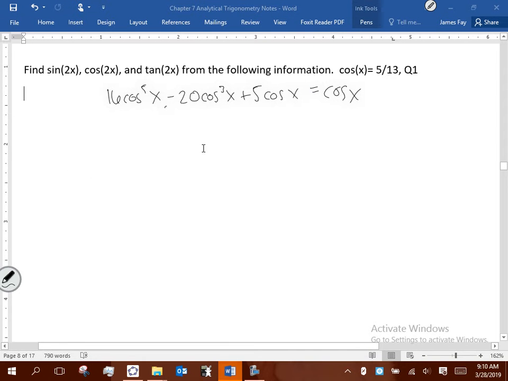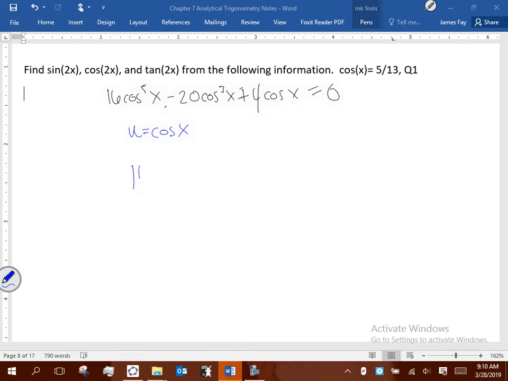Now, if I have something to the 5th or higher, or just squared or higher, I'm going to think factoring. So I'm going to move this cosine x over, and it becomes plus 4 cosine x equals 0, right? Now that looks messy, so this is what we do. We say u is equal to cosine x. You guys remember doing u substitution back in college algebra?